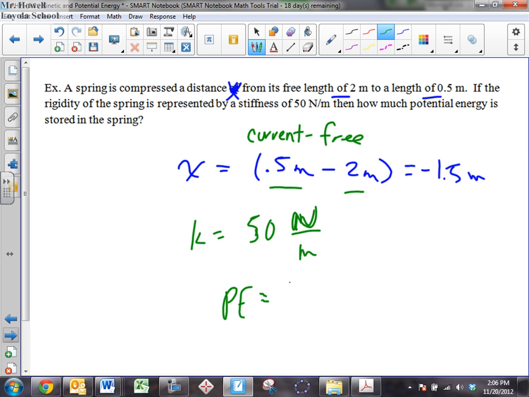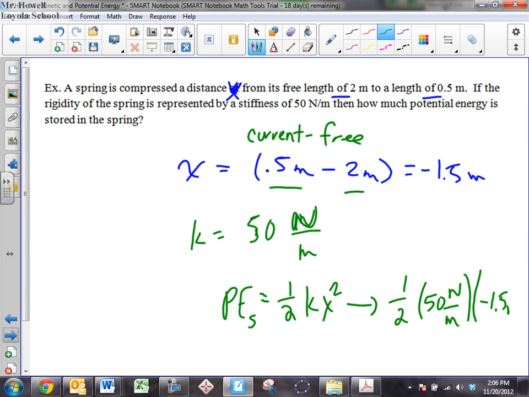The formula is PES equals 1/2 kx squared. Just plug in the values.